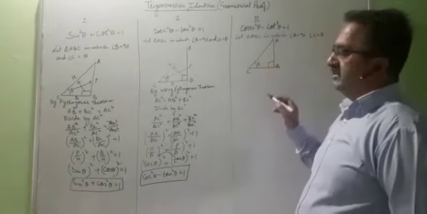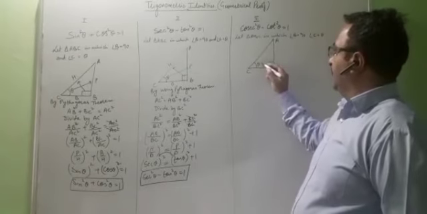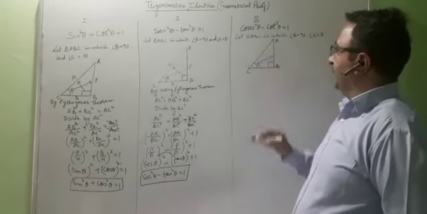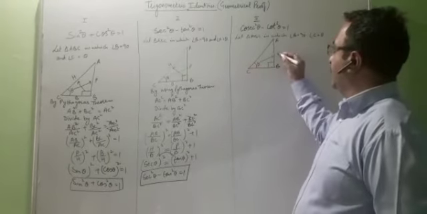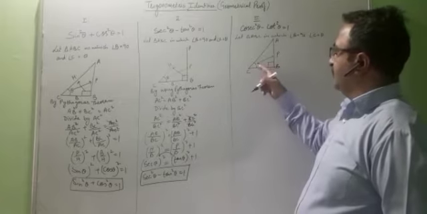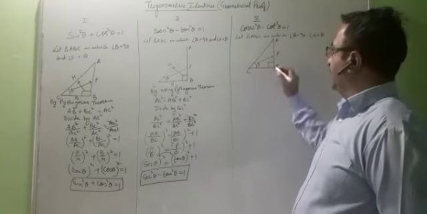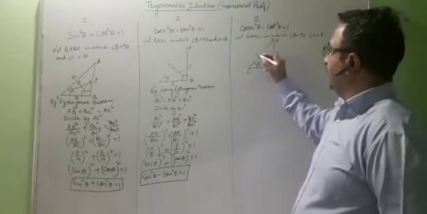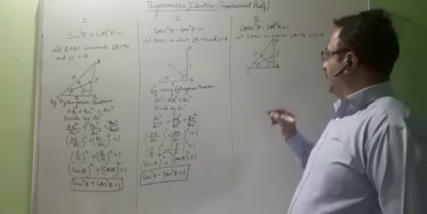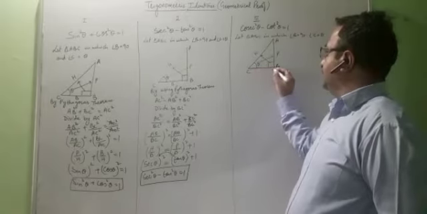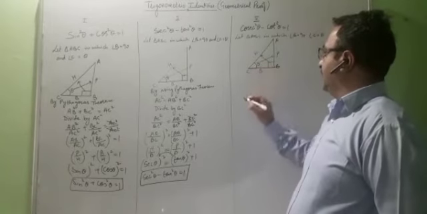Now you can decide which is perpendicular, base and hypotenuse. We are focusing on this angle. So this is perpendicular, the side opposite to angle theta. The side opposite to 90 degree is hypotenuse, because hypotenuse is the longest side of the triangle, and the adjacent side to theta is base.